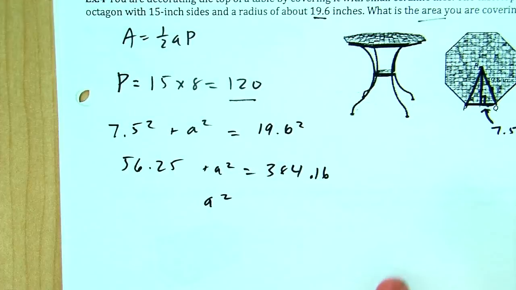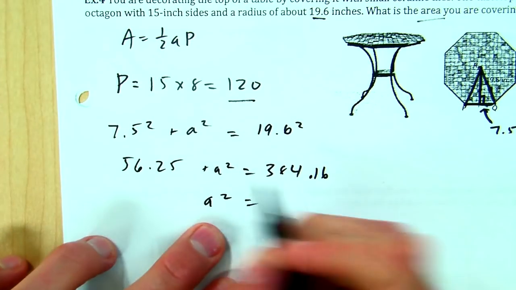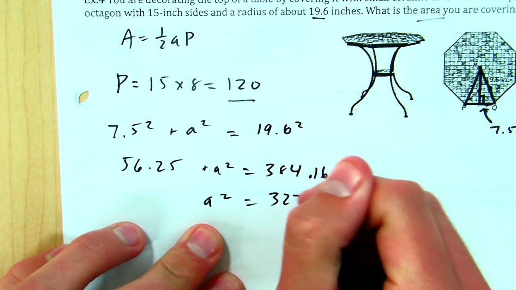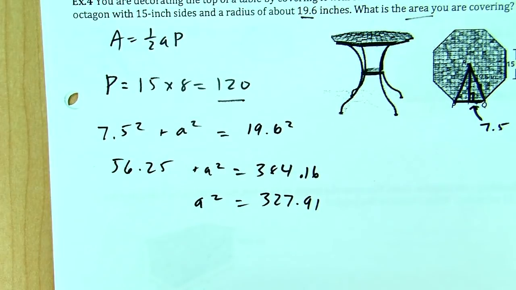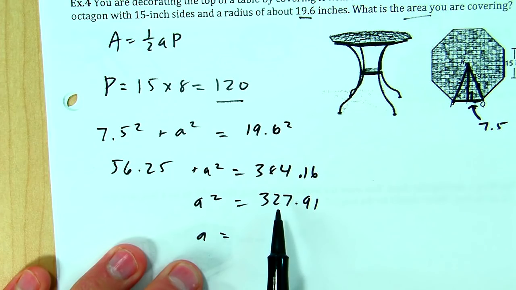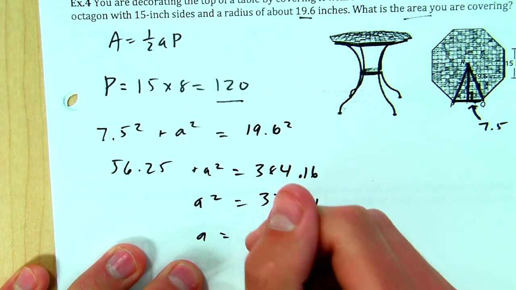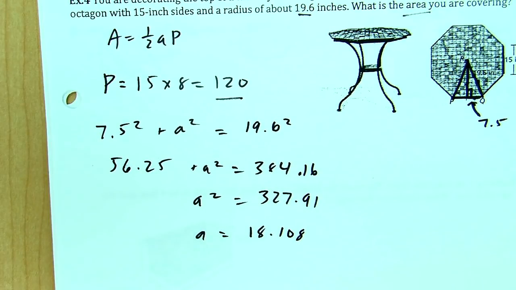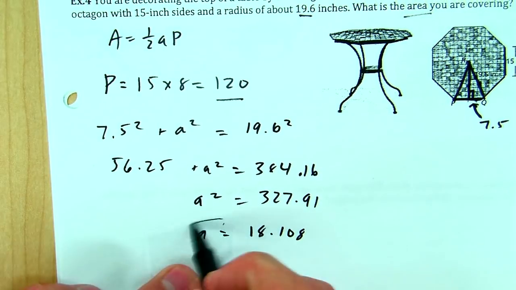And when you do that subtraction, 384.16 minus 56.25, once again in my head, is 327.91. Take the square root of each side, and my mathematical genius tells me that the square root of 327.91 is roughly 18.108. So I've solved for my apothem.